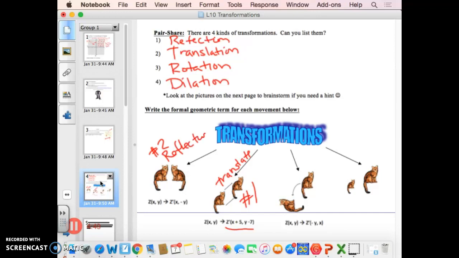And what you should notice is that your image flipped. Okay. And then number 3 was a rotation, and this was the rule. And what you'll notice is that the coordinates flip-flop, and one of them became negative. And this one we're going to talk about later. This is a dilation. Okay.